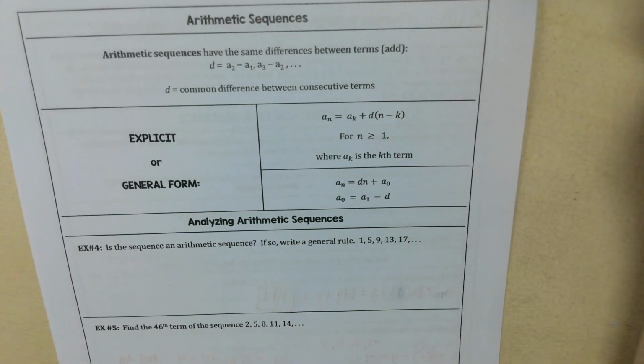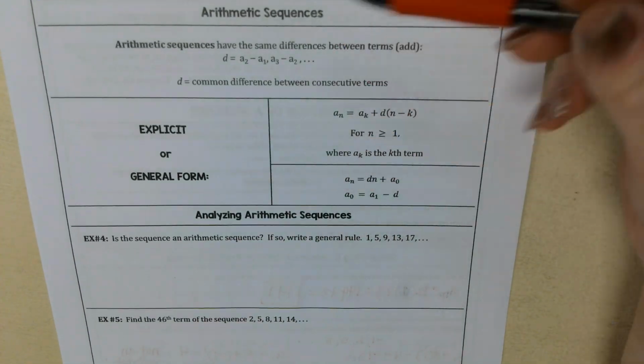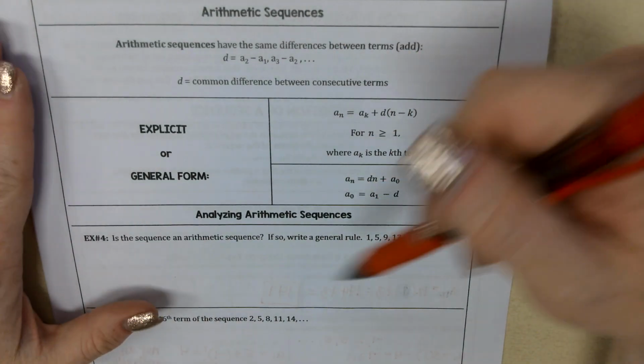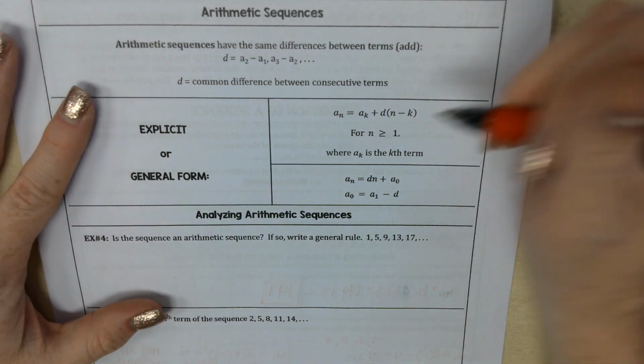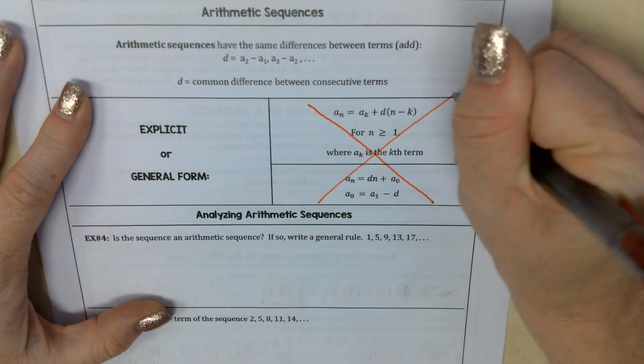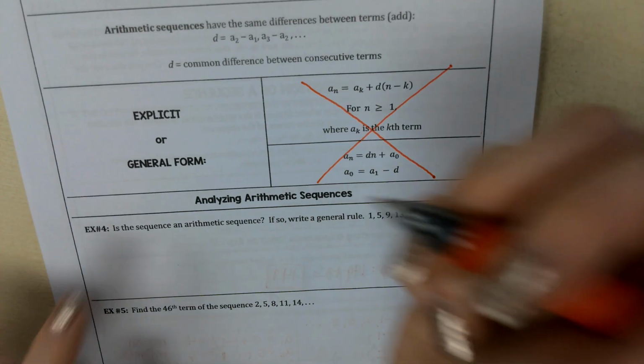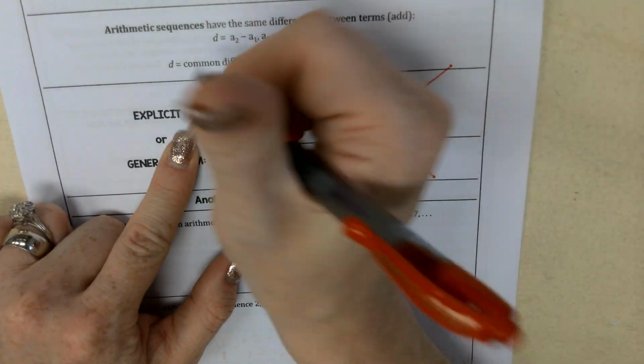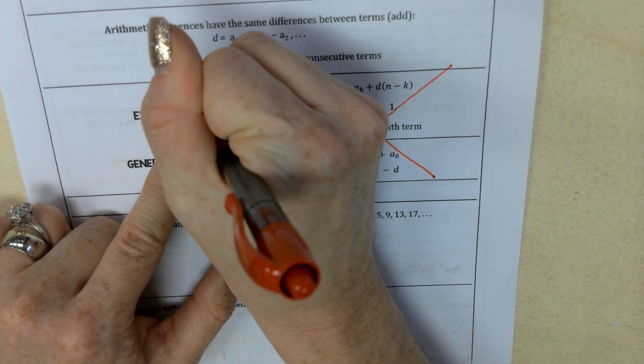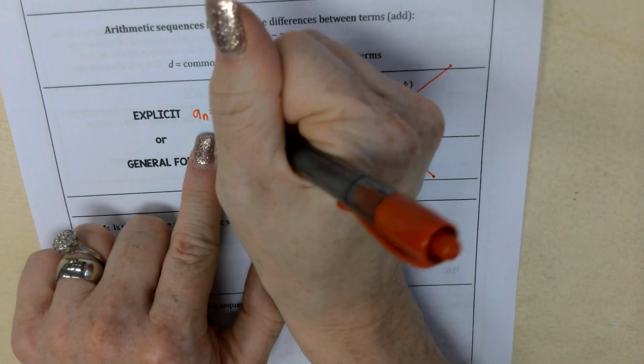All right. Now, I don't like these ugly formulas that are right here. So I'm going to go back to what we did in Algebra 1. And I'm going to give you these formulas on any quizzes or tests. All right, my explicit formula, the direct formula, and that's the one that we were just using.